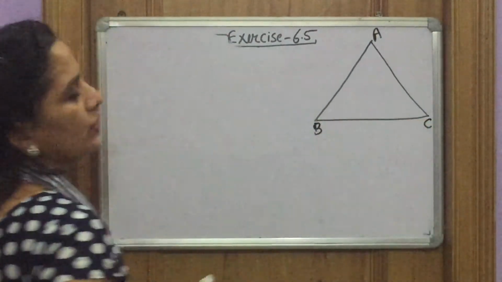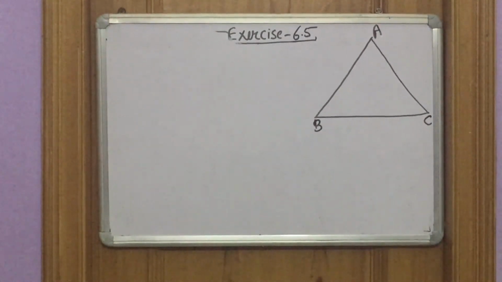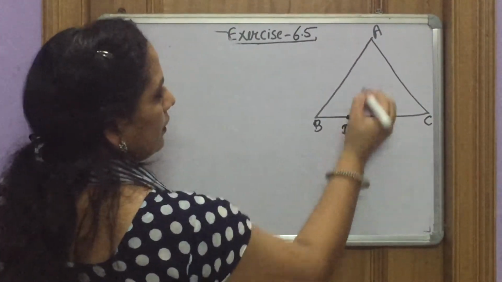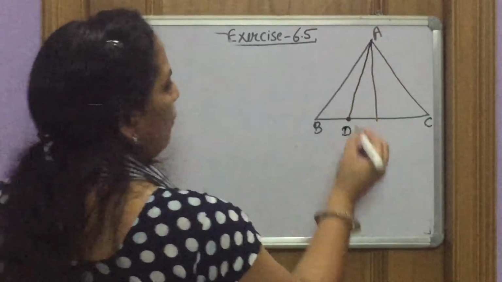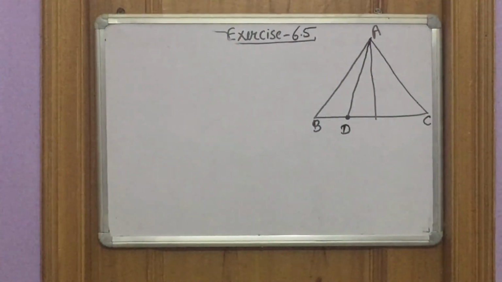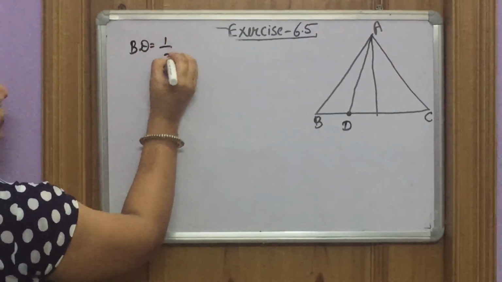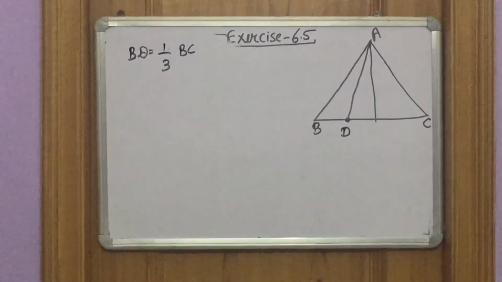It is an equilateral triangle. Here D is not a midpoint, because in the question it is given that BD is 1 by 3 of BC. So it is not a midpoint.